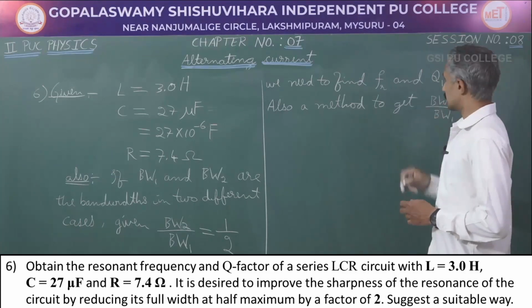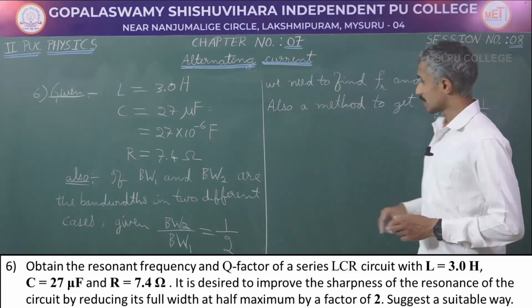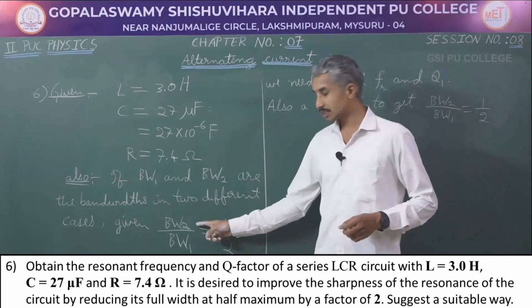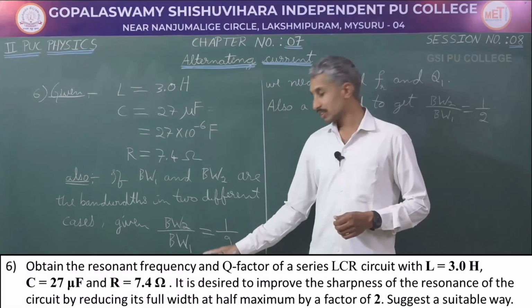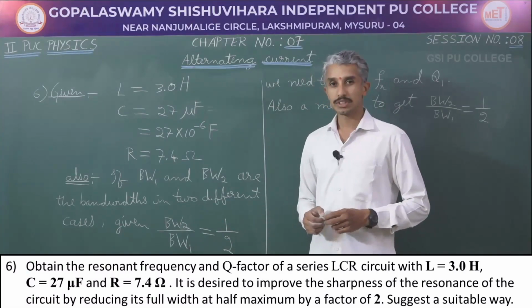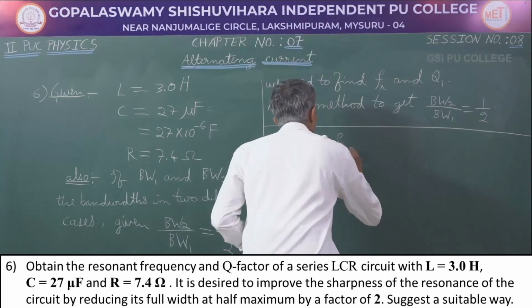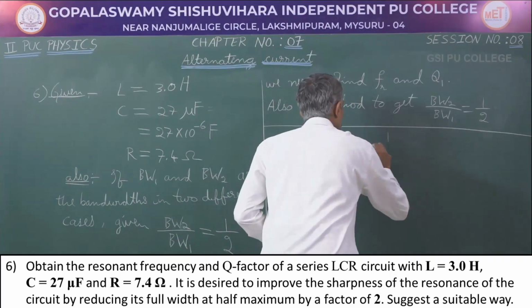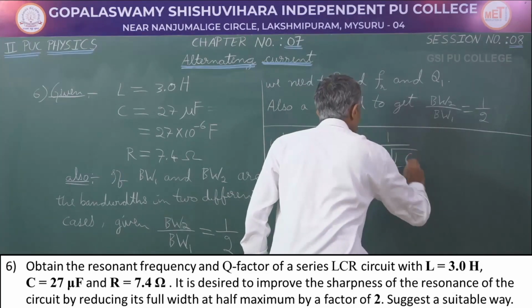Then after this, we are supposed to increase this quality factor. How? They have given us a clue that the bandwidth in the next case will have to be half the bandwidth in the first case. So let us begin. The resonant frequency is given by 1 by 2 pi root LC.